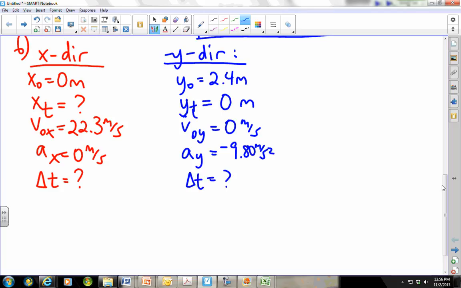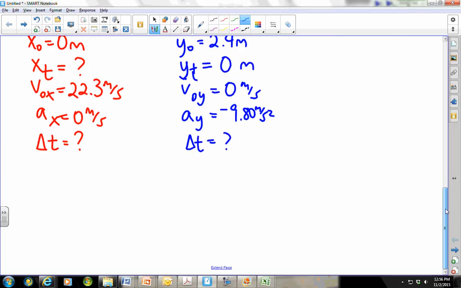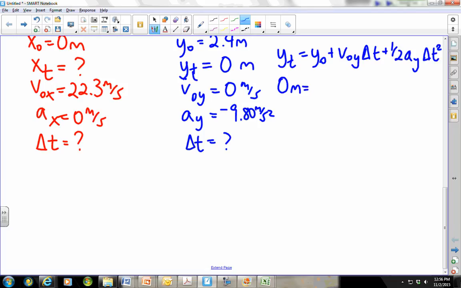So as usual, we're going to find time first. And this time we're using the y equations to help us do that. So we're going to say that, okay, how long is it going to take to get to the ground?